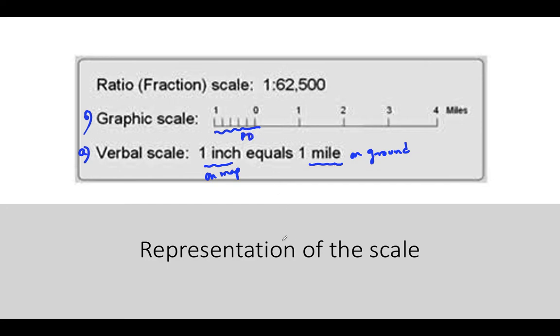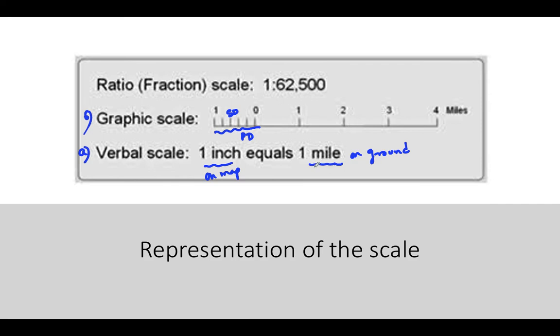These small divisions are called primary divisions, and the first primary division is further subdivided into smaller parts known as secondary divisions. Clear? Here you can see 5 primary divisions, and these can be divided into secondary divisions or smaller parts. The linear scale is usually drawn near the lower portion of the map.